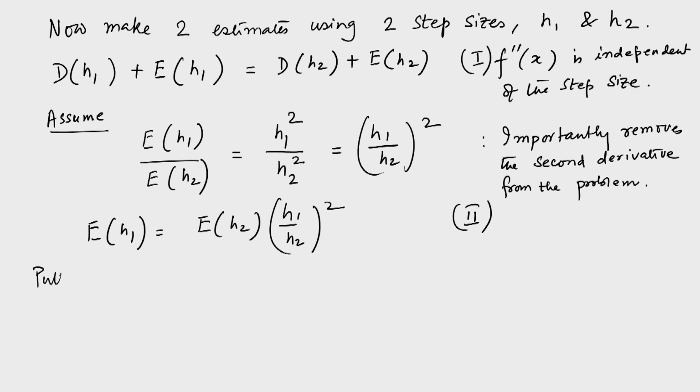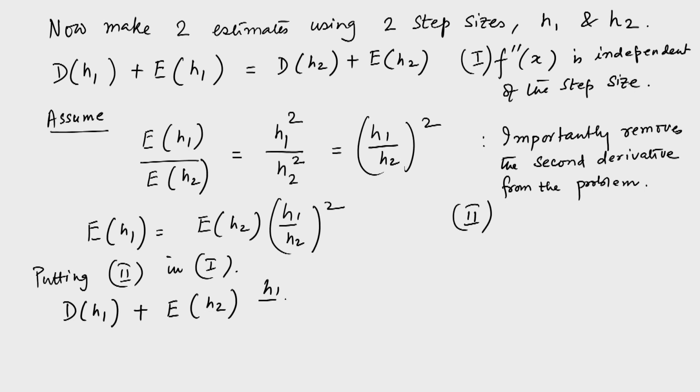So, putting this Roman 2 in 1, we have d, which is equal to d h1 plus, now E h1 I am going to replace by this expression, E h2 times h1 by h2 whole square.